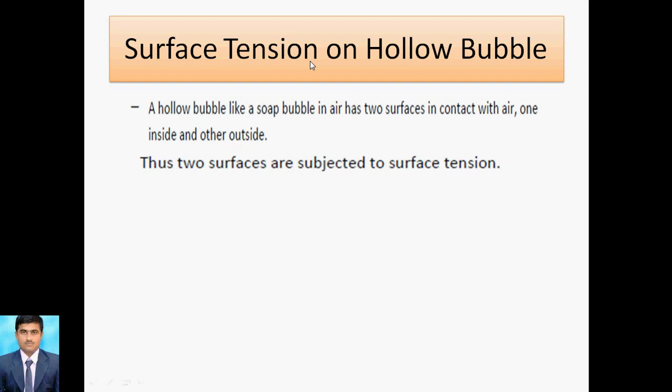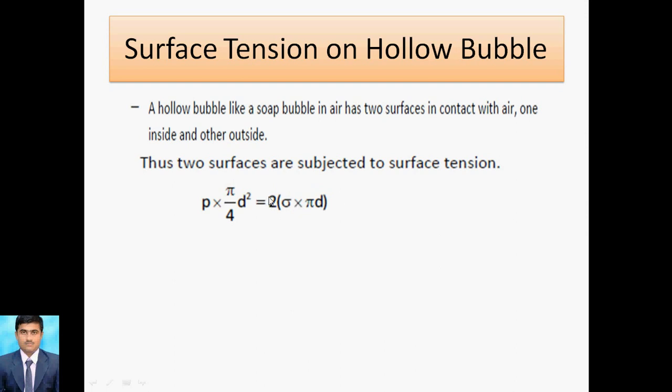One is the pressure force and the second is the tensile force. As we know, the tensile force is sigma into pi d, but we can take it twice, because the soap bubble has two surfaces in contact with air.